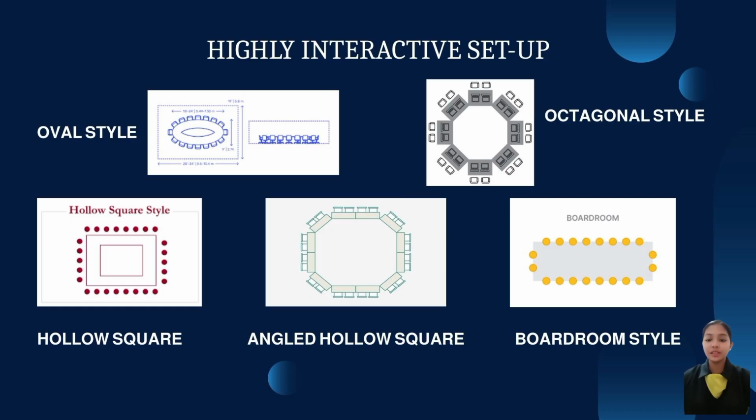And the last one is boardroom style, characterized by tables and chairs set up facing each other on all sides. This style is well suited for formal meetings and decision-making processes.